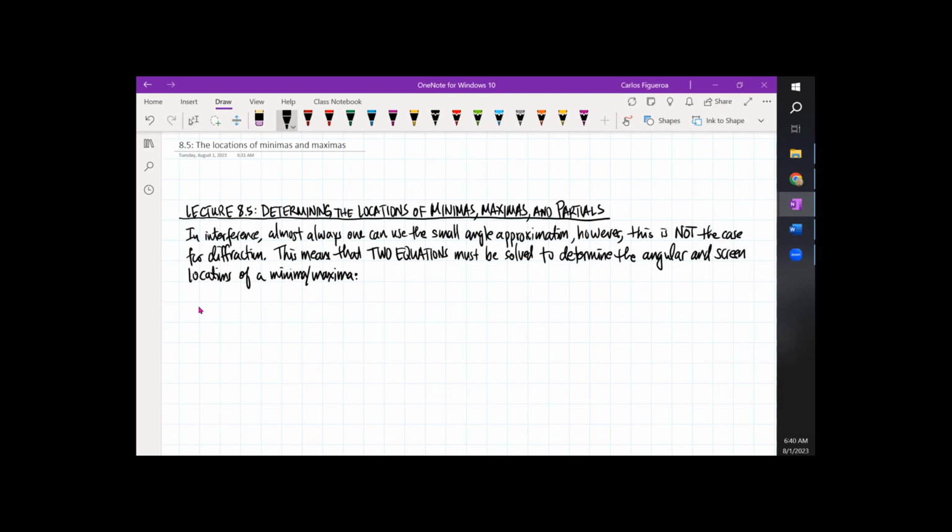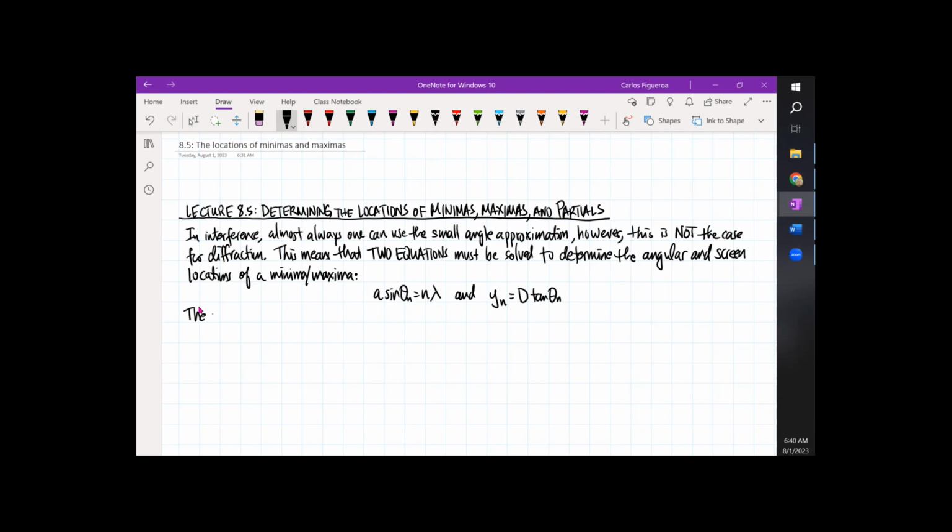And these two equations are the path difference equation, which is a sine theta of n equal to n lambda, and the screen location, which is y of n equals d tan of theta. Those are the two equations.